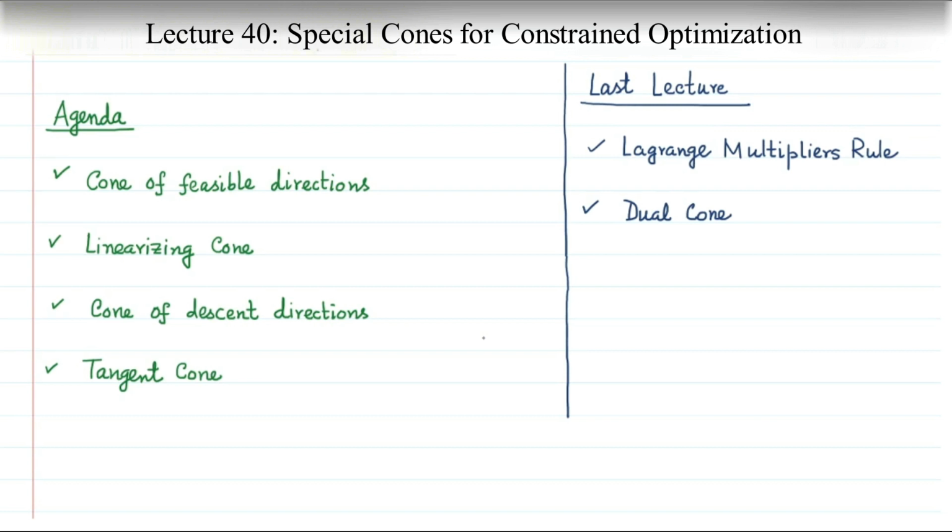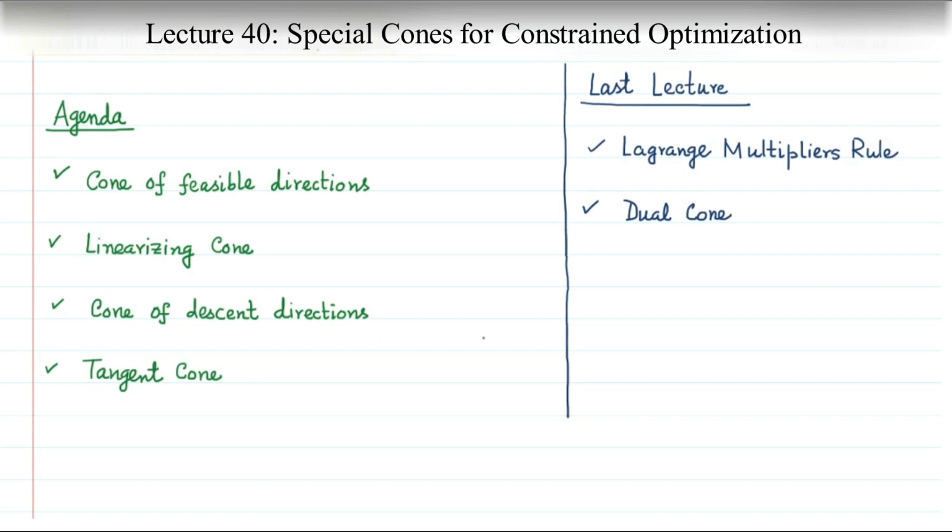And in order to enhance the ability of the Lagrange's multiplier rule, we mentioned that there are a few cones which will play a central role in identifying optimality conditions with the help of the Lagrange's multiplier rule for constrained optimization problems. On the last day, we could discuss only one particular notion of cone, that was the dual cone. For a given set capital C, we defined what is the meaning, what is the geometry, and a few examples of the dual cone.